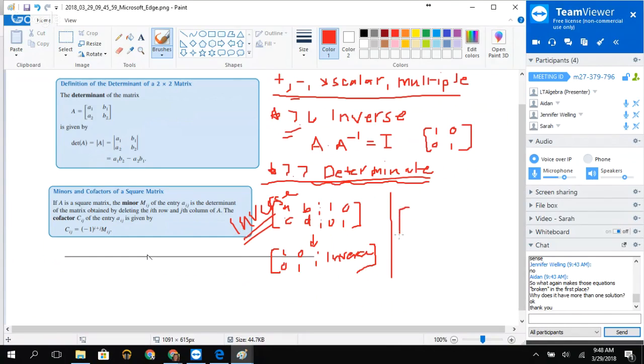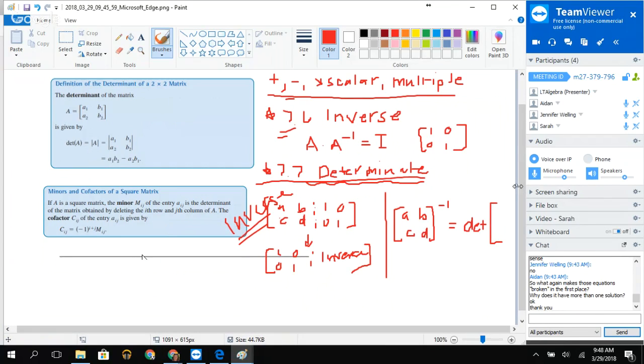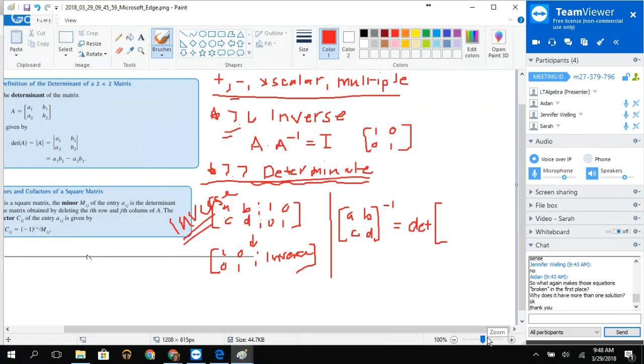If I want to find the inverse of matrix A, B, C, D, that's equal to one over the determinant times, and then it's D, negative B, negative C, A. So you switch these two variables and then you make these two negative.